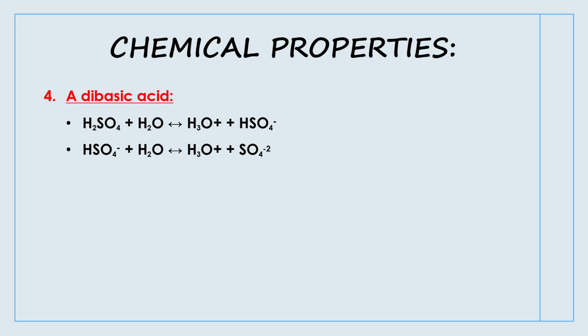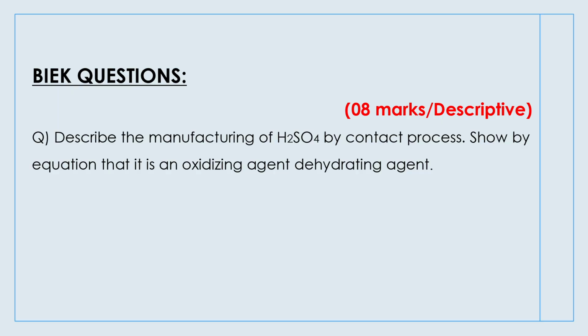How will you get this question in your board examination? You get this in your descriptive for 8 marks, along with the manufacturing of sulfuric acid by the contact process that I stated in the previous video. Now that question is completed, you can easily write down the equations as an oxidizing and dehydrating agent.